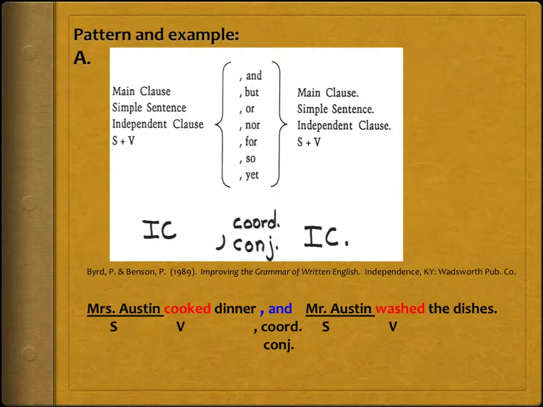So here is the pattern that we use with this kind of compound sentence. We have an independent clause followed by a comma, a coordinating conjunction, and a second independent clause. Remembering, a compound sentence always has 2 independent clauses. Another way to talk about independent clauses is we can talk about the fact that it has a subject and verb.